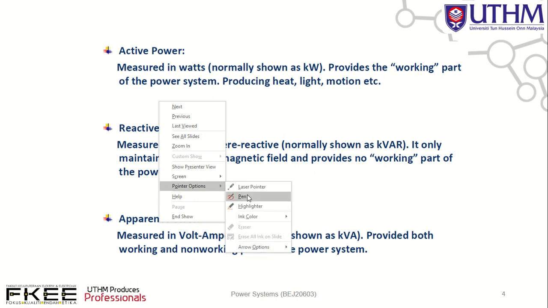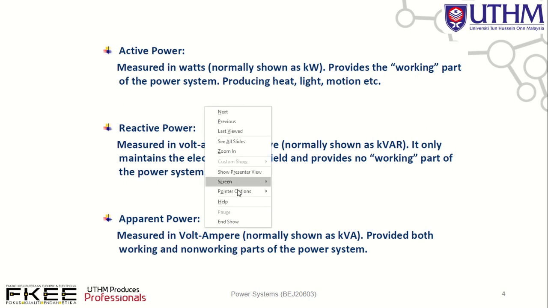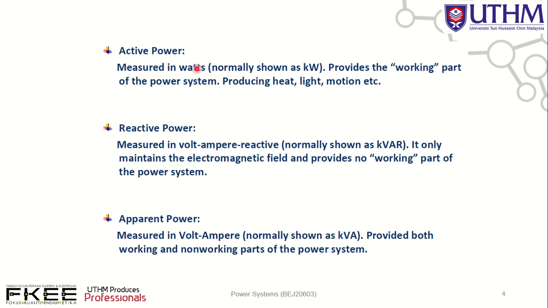Do you still remember, active power, P, measured in watt, normally shown as kilowatt, kW. Active power provides the working part of the power system, which is producing heat, lights, motion, etc.